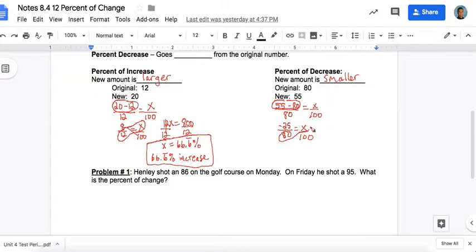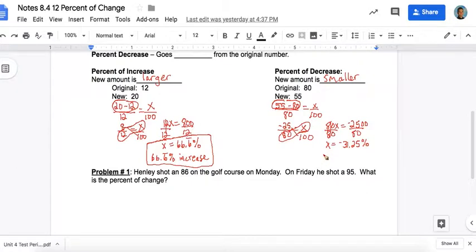Okay, 80 times x is 80x. Negative 25 times 100 is negative 2500. Now we're going to divide both sides by 80. And this will be a 1 in disguise, 80 divided by 80. And we have a negative 31.25%.